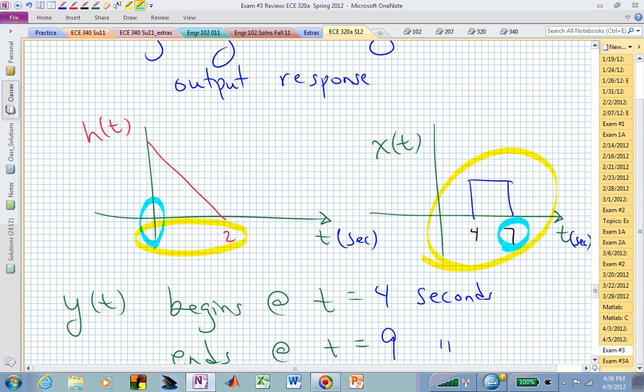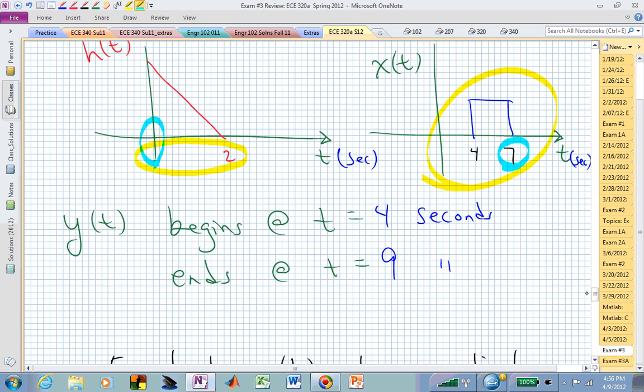Is everybody clear on 4 and 9? You may think this is trivial, but this is a good way to check your work. When you're doing your convolution, if I said do the convolution with this h and this x, and you end up with non-zero expressions for y outside of 4 and 9, you know something's wrong.